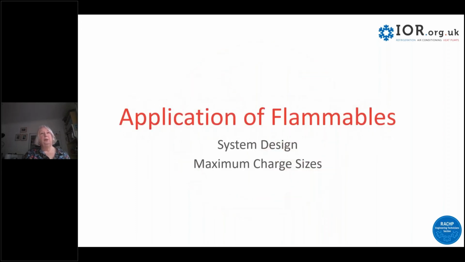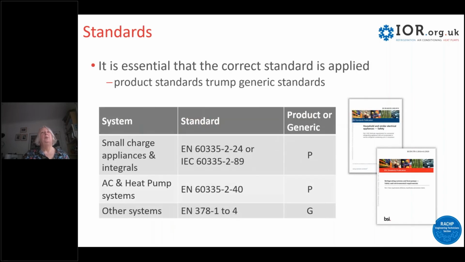So that leads us on to talking about the application side in a little bit more detail. And we're going to look at system design and maximum charge sizes. We obviously design flammable refrigerants to avoid the issue of flammability in the event of a leak. So this is what we're aiming to do here. There are a number of standards that cover this.